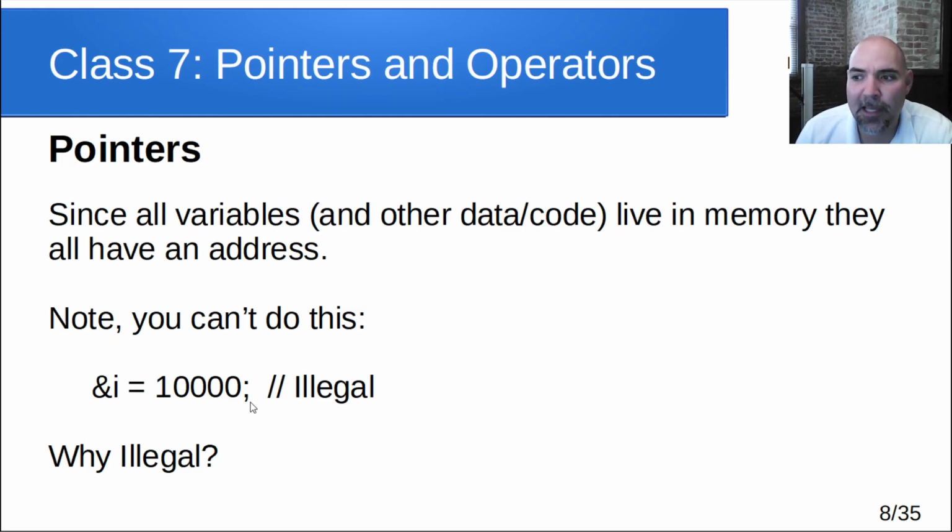We'll circle back to that later on. But right now, just note that you can get the address of really anything about your program, and you can store that in a pointer variable, which we'll look at in just a second. But we cannot change the addresses of where those things are. So that's why that's illegal.